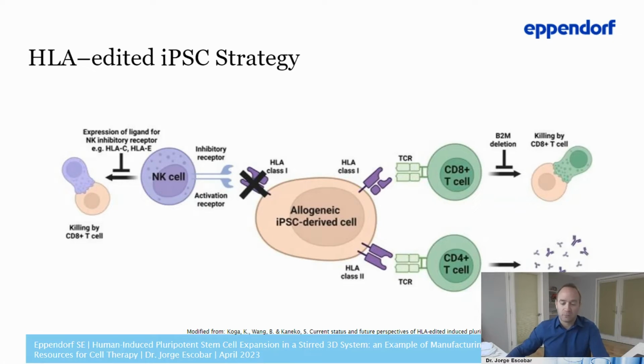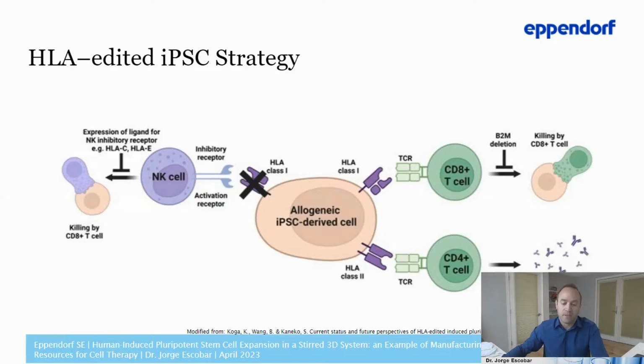The easy way to suppress HLA class 1 is by deleting B2M, which is the common subunit of HLA class 1, and that avoids T cell attack. Then we do the same with HLA class 2 by deleting the CIITA gene, a transcription factor essential for HLA class 2 expression.